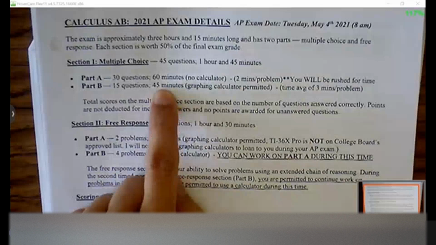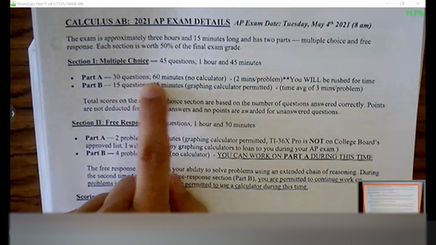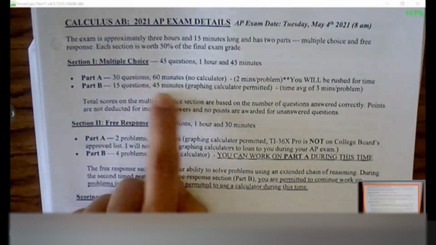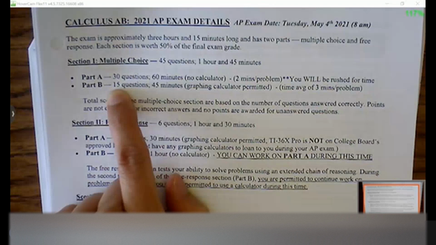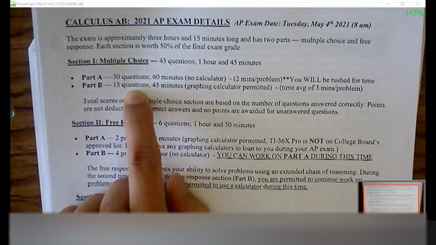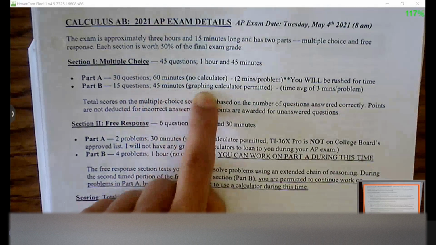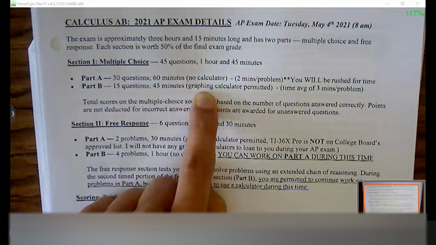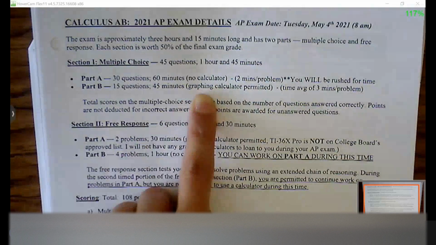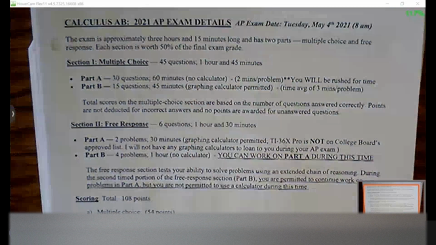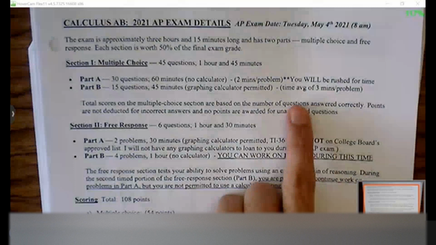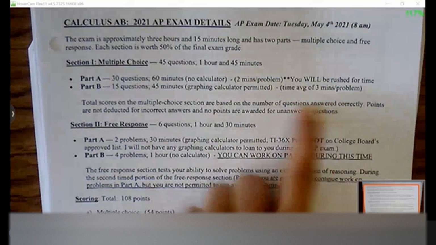When time is called, you move on to the second part of the multiple choice portion: 15 questions, 45 minutes. This is going to be a graphing calculator portion, and you're going to have an average of 3 minutes per problem.